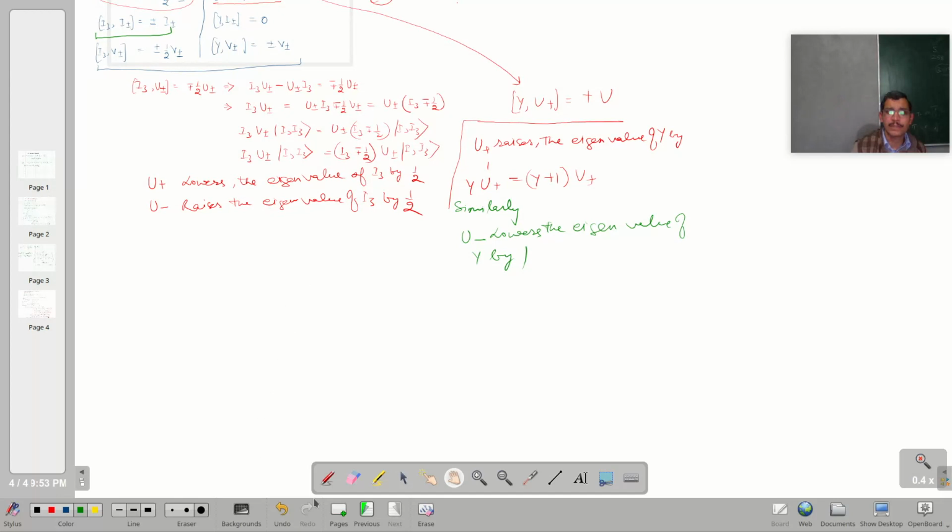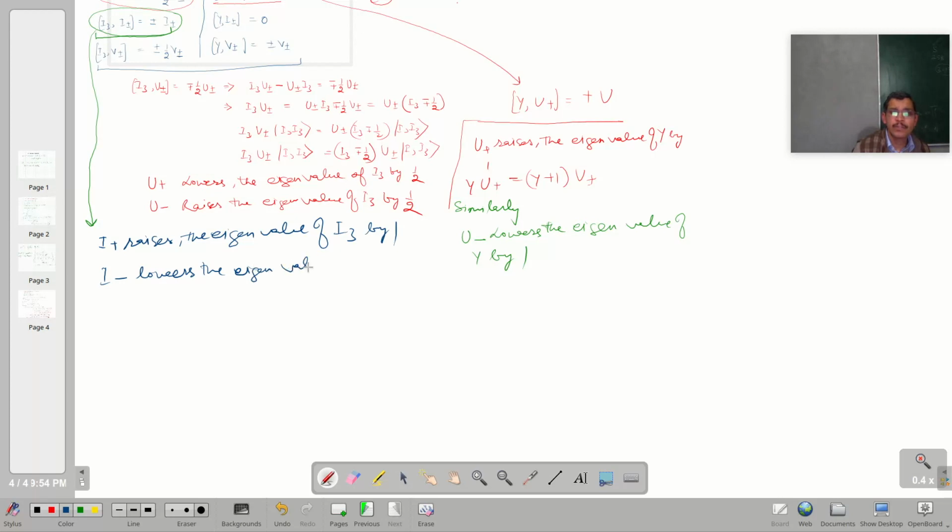It again indicates that I+, because it is plus corresponding to this, raises the eigenvalue of I3 by 1, and I- lowers the eigenvalue of I3 by 1.